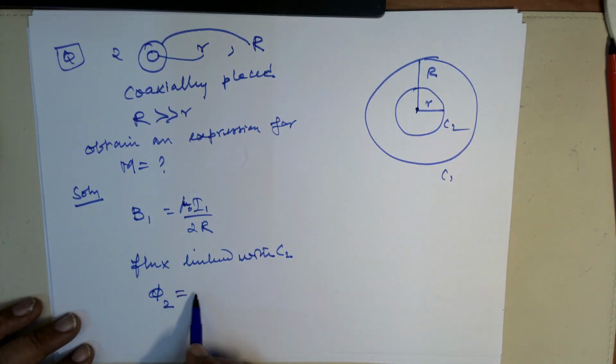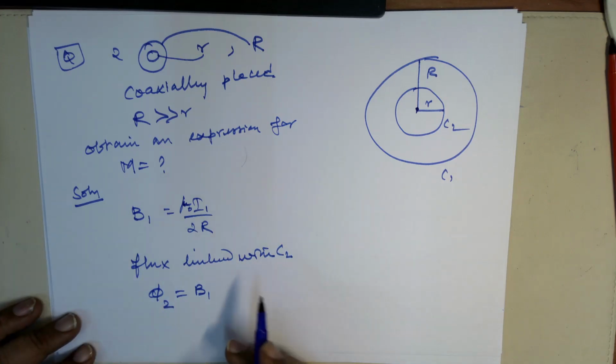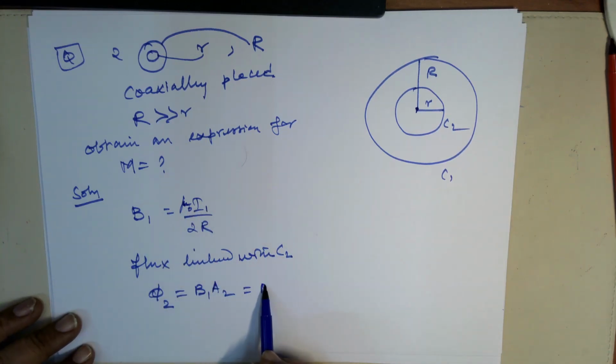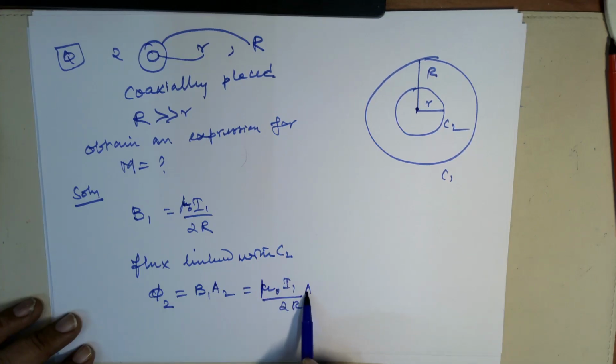So that is equal to B1 into the area enveloped by the second coil, that is A2. So you can replace B1 by this equation: instead of B1 you can put mu naught I1 divided by 2R into A2.